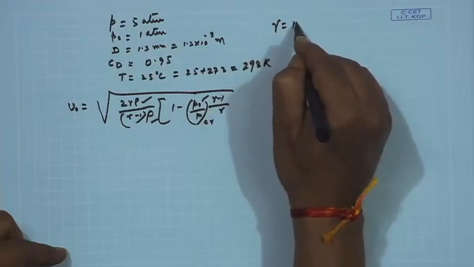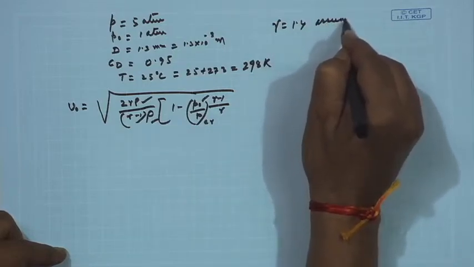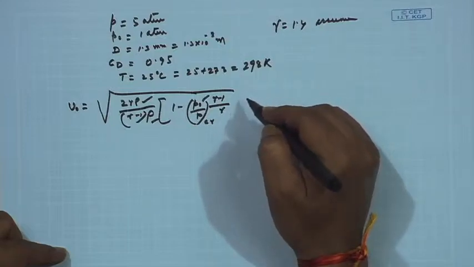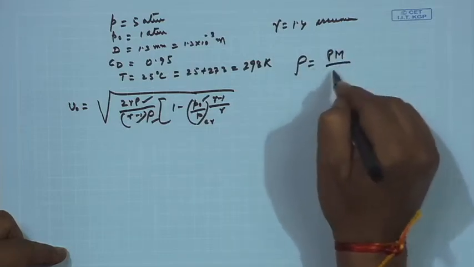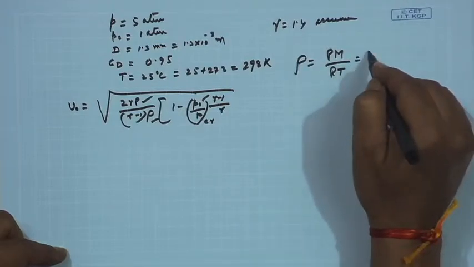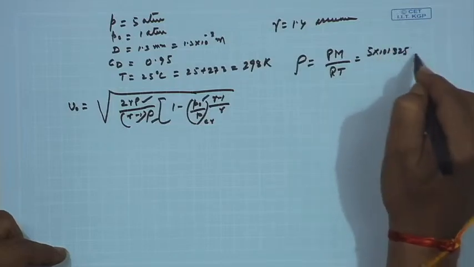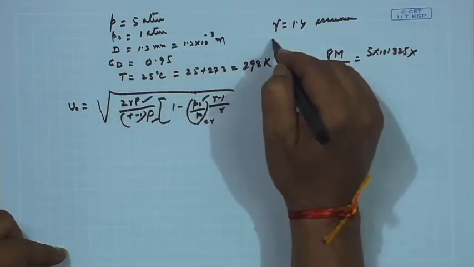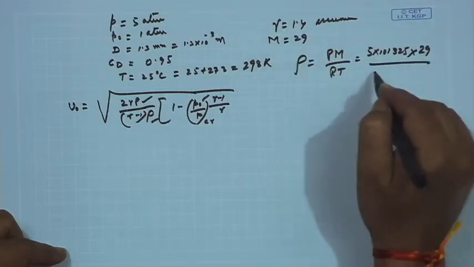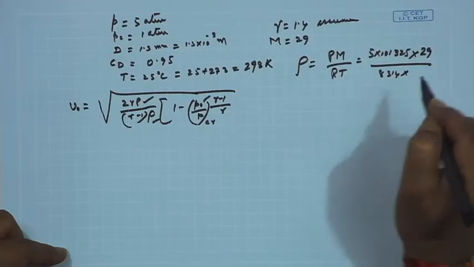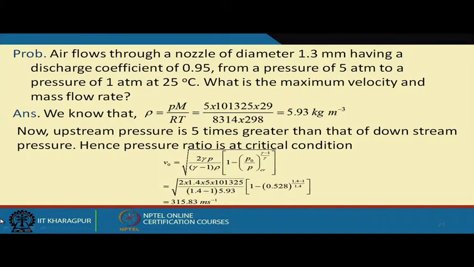Rho has not been given either, so we write rho equals PM by RT, that is 5 into 101,325 into 29, the molecular weight of air, divided by 8314 into 298.